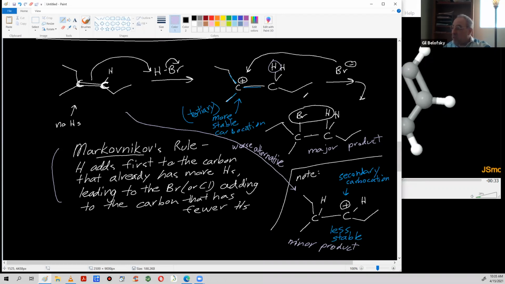One more thing to point out: if it's a choice between a secondary and a primary carbocation, the secondary would be more stable. Maybe I'll make a little note of that.